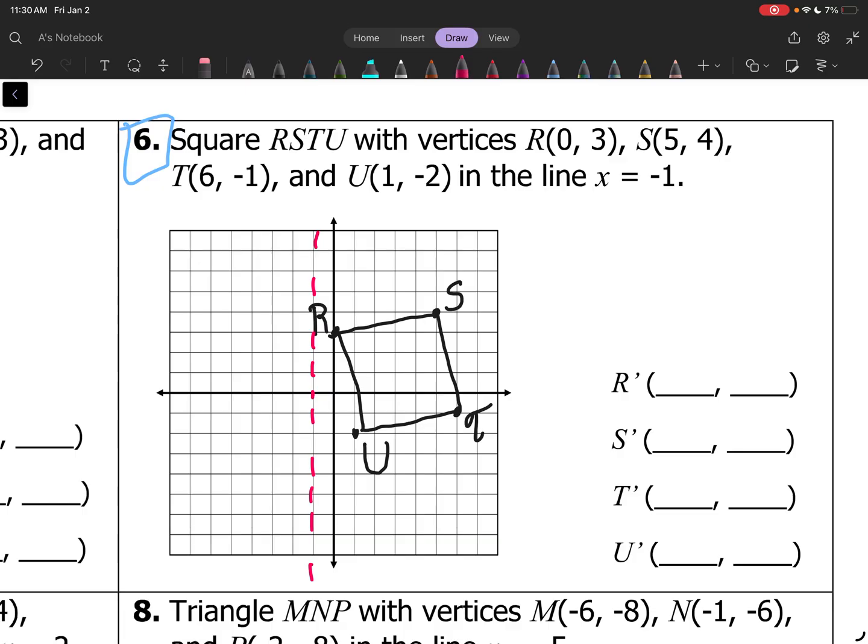R is going to be 1 unit away, so here's my image R. S will be 1, 2, 3, 4, 5, 6 away. U was 2 away.